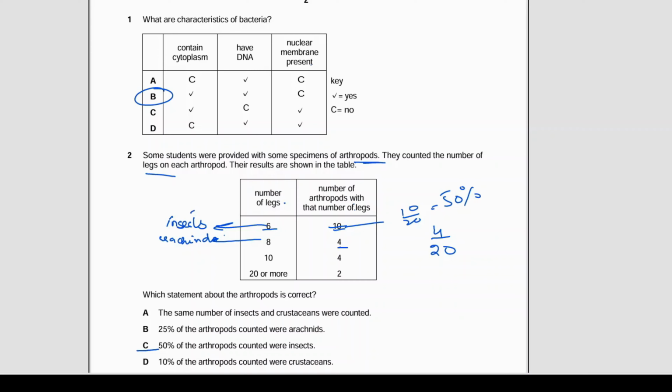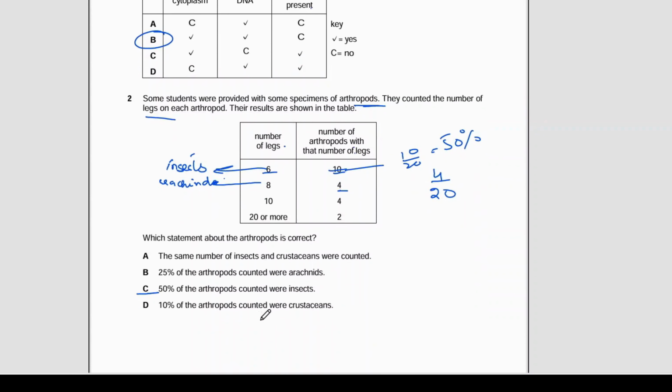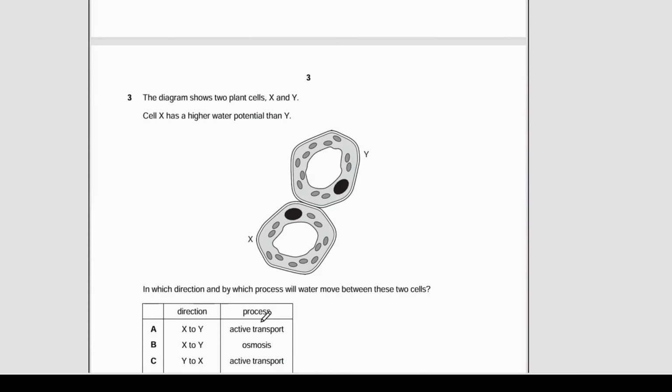They have many. So the last one is also incorrect. It's not 10% even if we count it. Okay. So C is the answer, most logically.